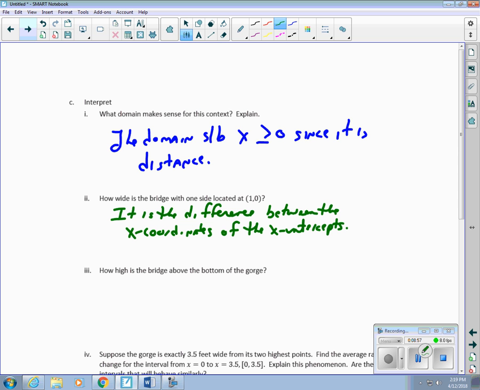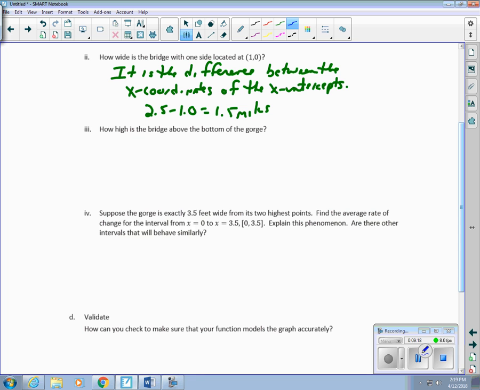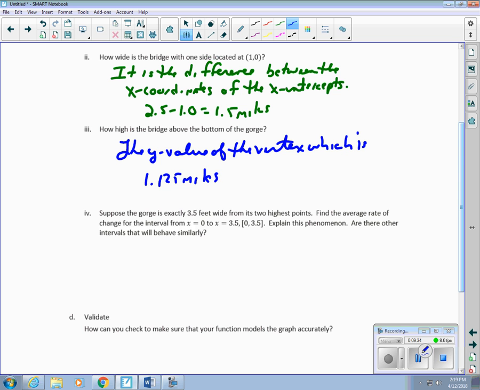So when I do that, it's 2.5 minus 1.0, or 1.5 miles. All it is is that horizontal distance between my x-intercepts. How high is the bridge above the bottom of the gorge? It's the y value of the vertex, which is 1.125 miles.